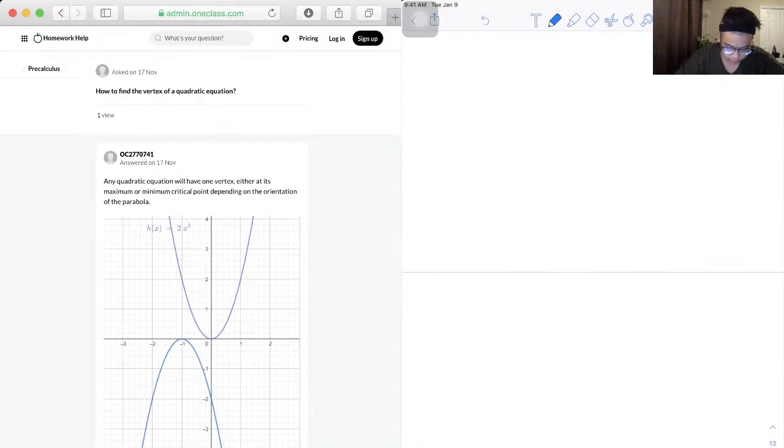Right. So next we have how to find the vertex of a quadratic equation. Okay, let's copy that question.